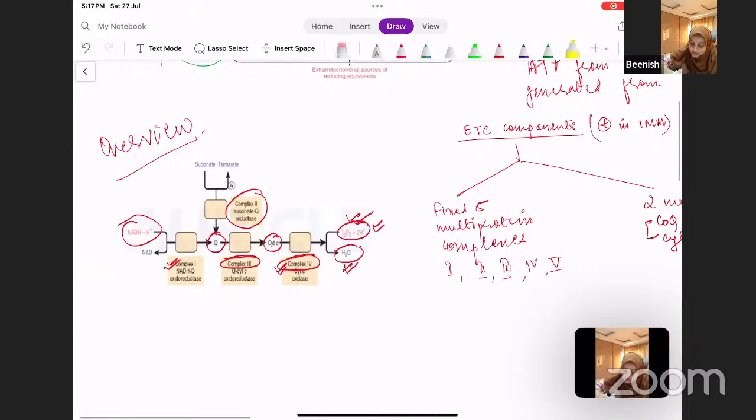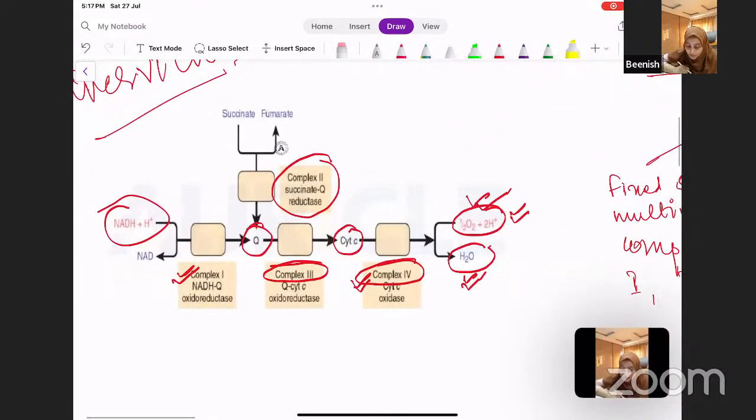So we've already seen here in this diagram how your coenzyme Q and cytochrome C are the mobile carriers. Your coenzyme Q is going to go to complex 1 and complex 2, take the electrons from them and give them to complex 3. Similarly, cytochrome C is going to go to complex 3, take the electrons from complex 3, and give them to complex 4.